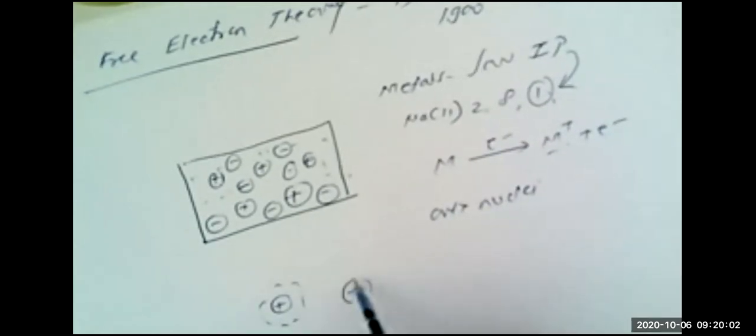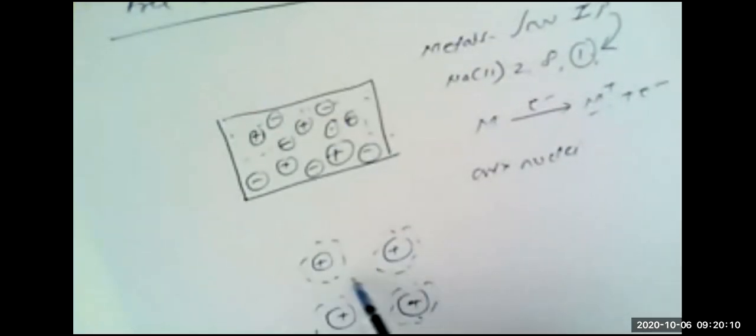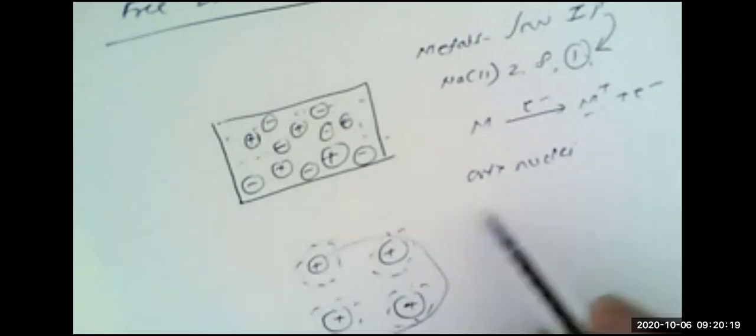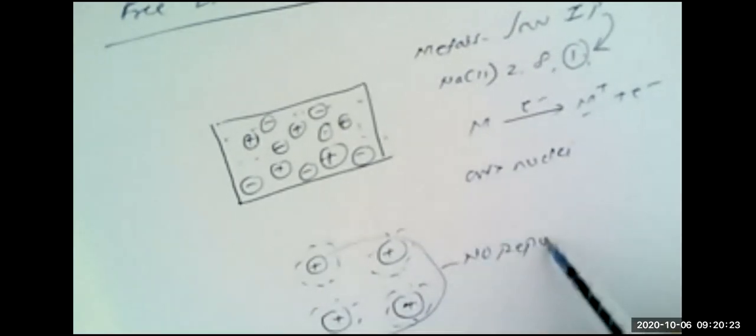So if we want to show it in some different manner, I have the PowerPoint presentation of this particular fact, where these are the electrons which are released by the metal atoms. So these electrons are delocalized. That means these electrons are equally spread over all the positive atoms, and because of which there are no repulsive forces existing between the different electrons.